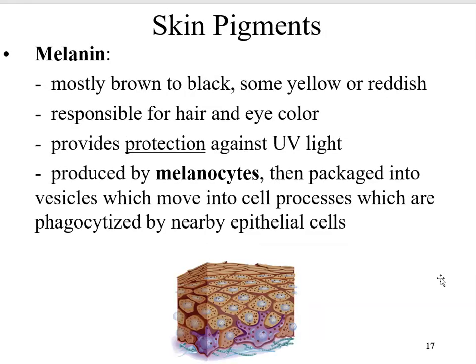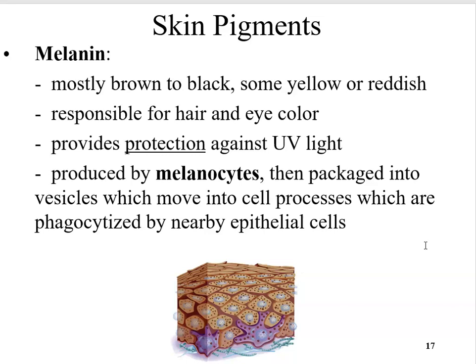So melanin, it's a group of pigments, mostly brown to black, though there are yellow and reddish pigments as well, again responsible for most of our pigment. Melanin is important because it provides protection against UV light from the sun. So it absorbs this light and acts as a natural sunscreen for us.